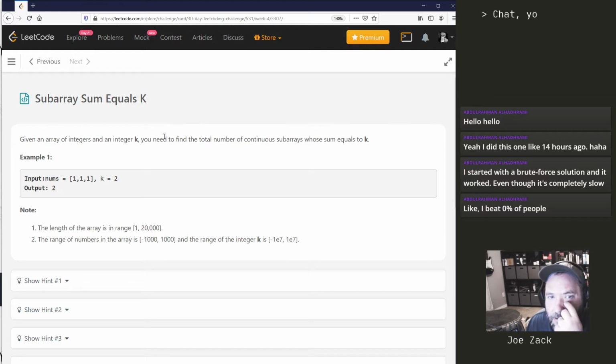All right. So first thoughts. Given an array and an integer, well, there's definitely no way that we can not look at every number.